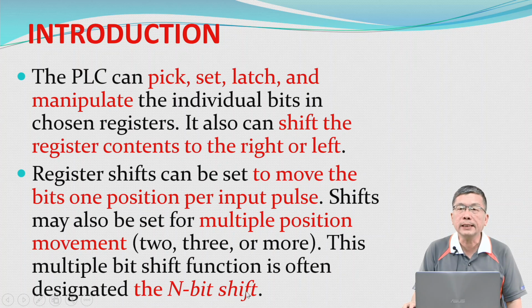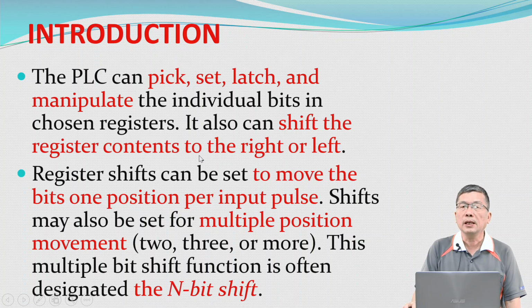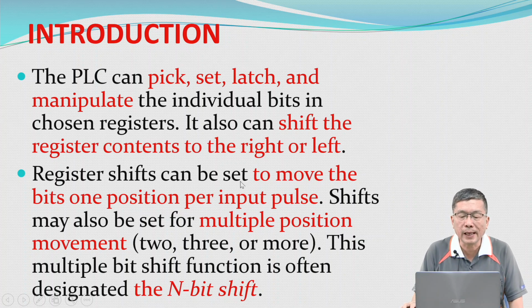The PLC can pick, set, latch, and manipulate the individual bits in a chosen register. It can also shift the register contents to the right or left. Register shift can be set to move the bits one position per input pulse.